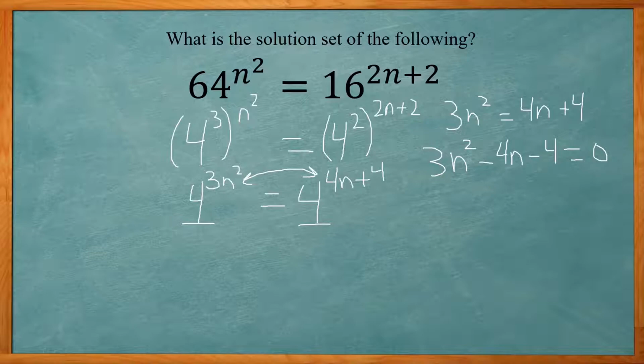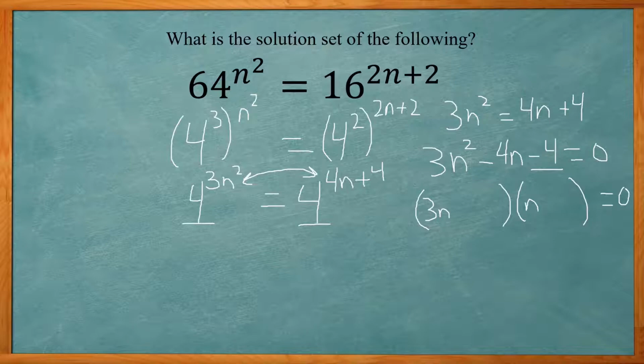Okay, so from here, I can come up with my two factors. Alright, so my leading coefficient is 3n squared. I have a choice of 3n and 1n. My last value, negative 4, that can be 1 times 4 or 2 times 2.